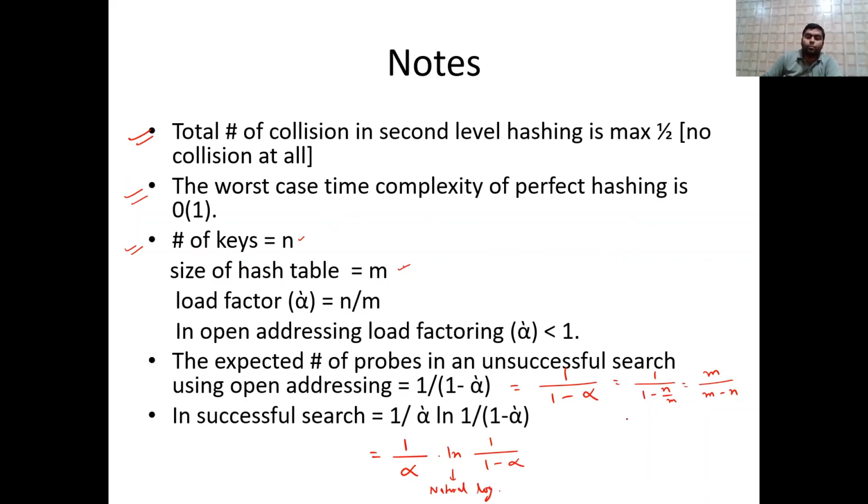These two formulas are very important. Okay, this formula as well as this formula, these are directly asked in any exam. Like, in an unsuccessful search, how many probes can there be, the expected number? 1 upon 1 minus alpha. Alpha we know is the load factor, or load balancing factor, n by m. And in a successful search, 1 by alpha, natural log of 1 upon 1 minus alpha.